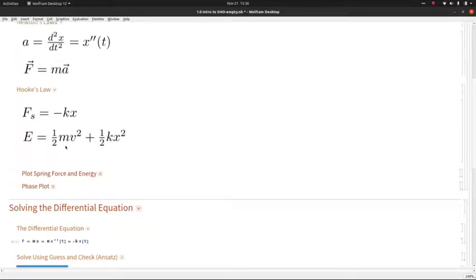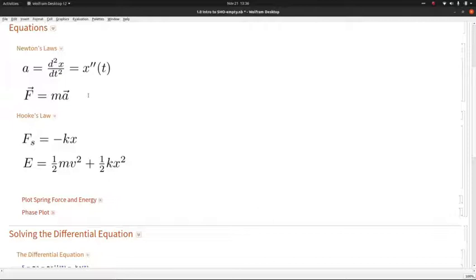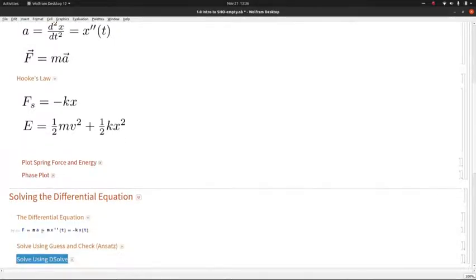Looking at our equations, we've got Newton's second law, force is mass times acceleration. But acceleration is the second derivative, x double prime, as a function of time. So I can say force is mass times acceleration, which is equal to mass times x double prime here. Again, notice that I'm putting in the double equal sign here, not the equal sign, which is for assigning values to things.